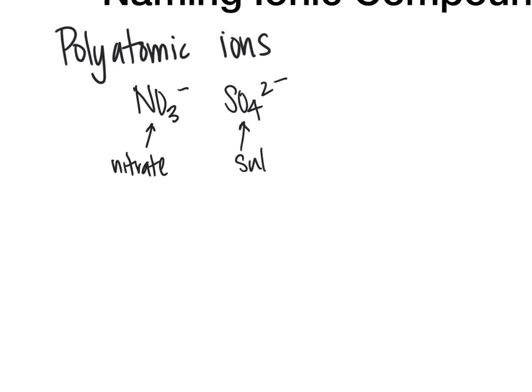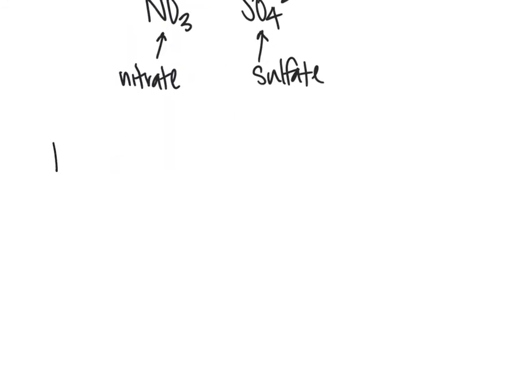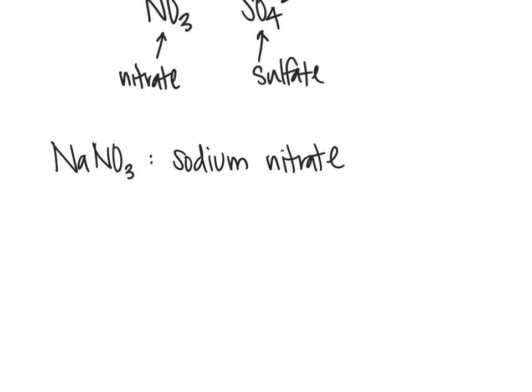This is the sulfate. So the polyatomic ions can replace some of the, in this case, anions that we've met already. So when we name those, if we were to come up to NaNO3, we would name this sodium nitrate. So these names are part of the chemical name.